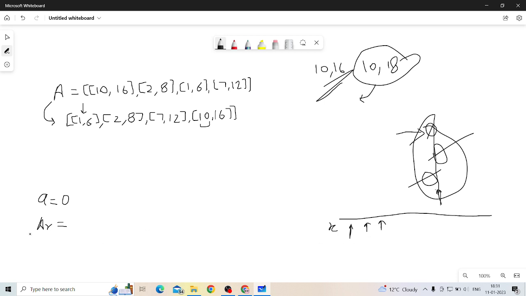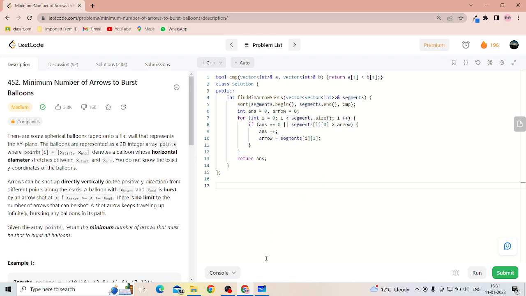So what I am storing in arrow is the coordinate of the arrow, from at any x I will throw the arrow, and I will store how far it has gone, till where it has gone.